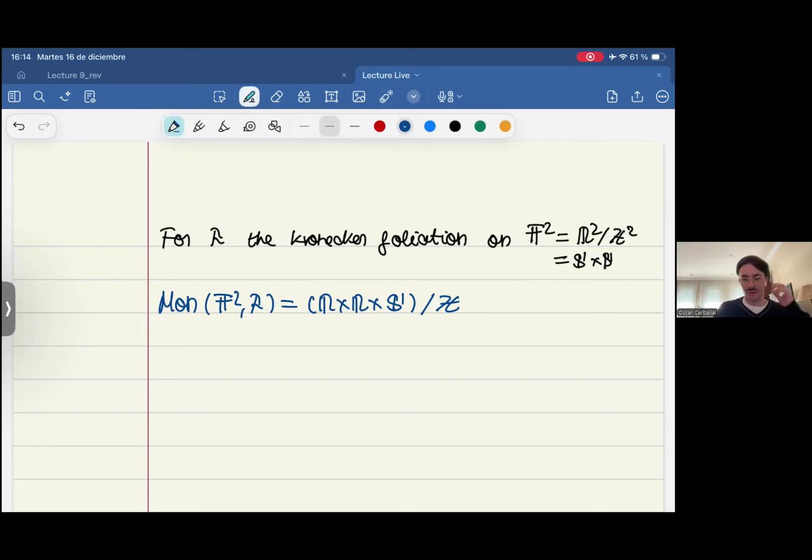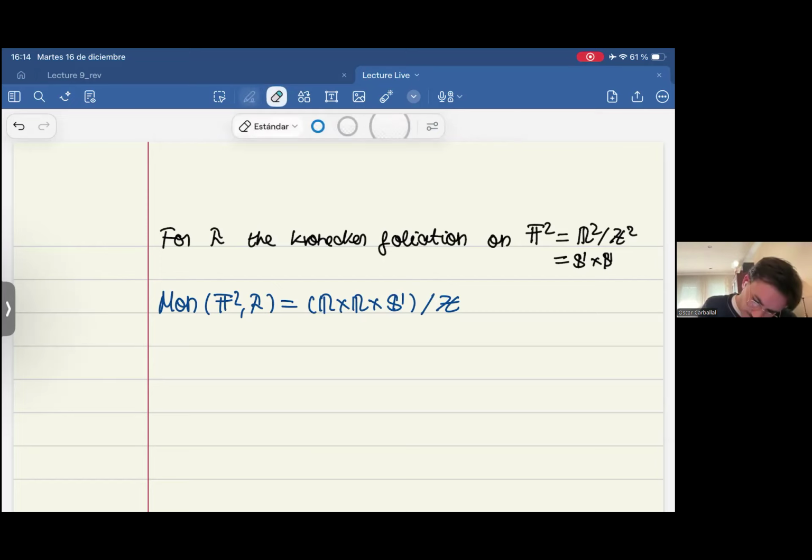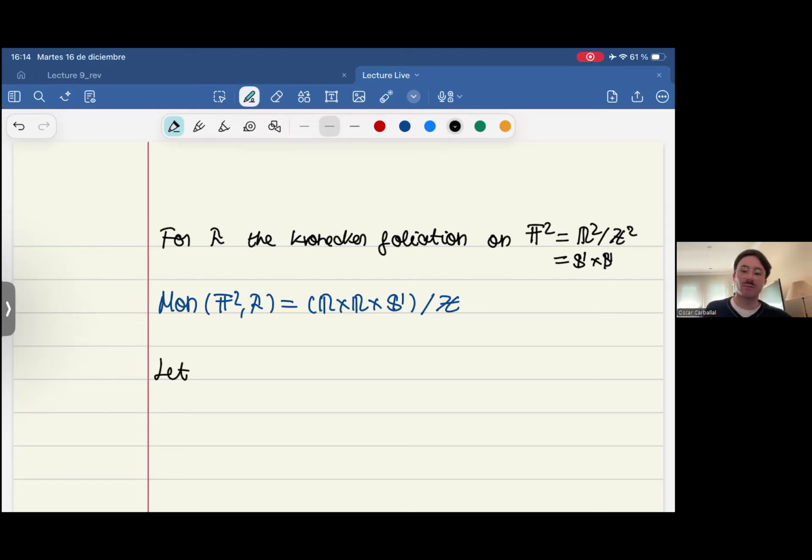Okay, so we are interested in relating this thing with pullbacks, right? So now we will consider what is called a complete transversal section of the foliation.